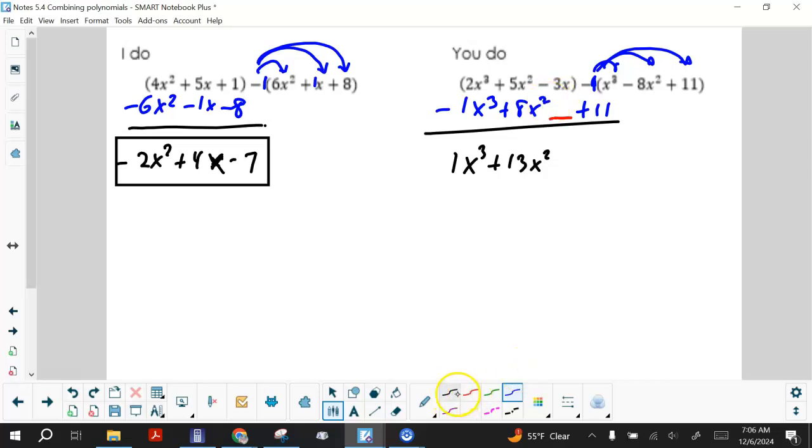That negative 3x is just going to come straight down from the first polynomial. So this is going to be a minus 3x. And then notice this 11, this is the constant we got when we multiplied negative 1 times positive 11. So that's just going to be, oh, I just noticed. Hopefully you didn't have that. Hopefully you had negative 11.